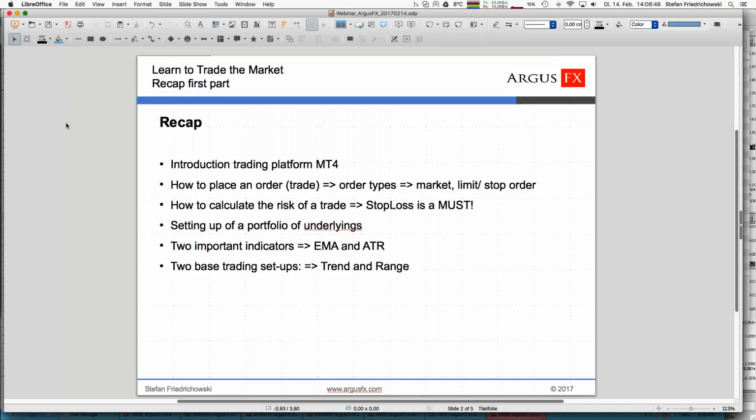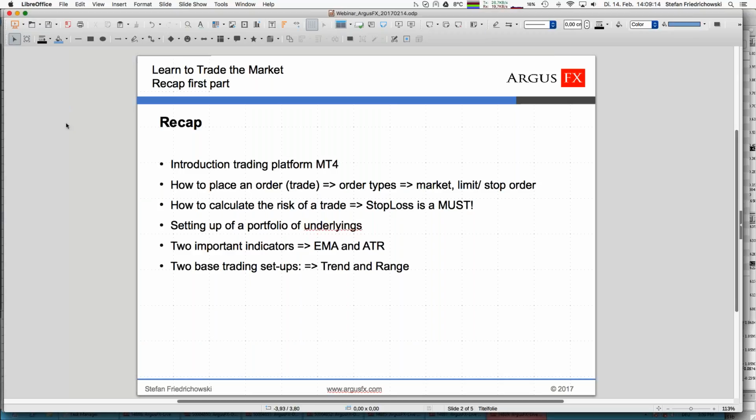EMAs, or moving averages in general, are nothing else than, as the name already tells us, the average of a certain history, and that improves our view of a chart because we don't look at the noise. We can identify the overall behavior much better.